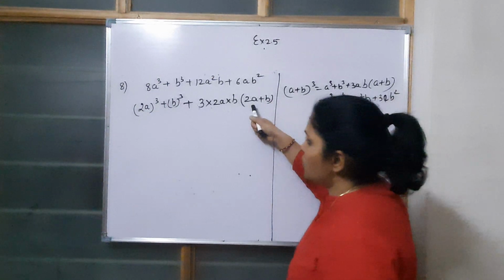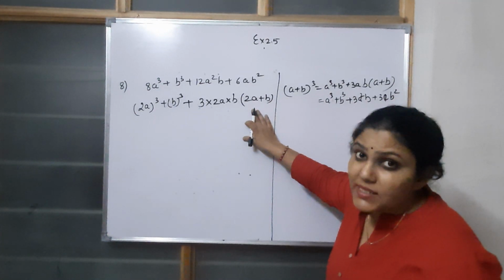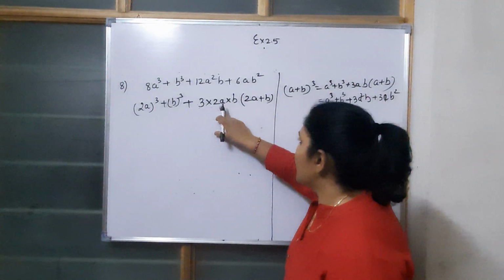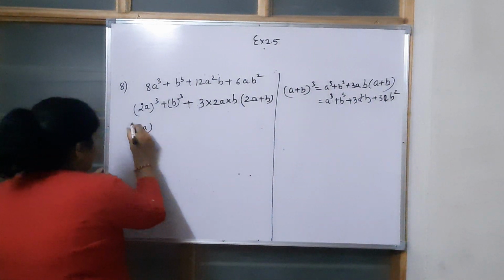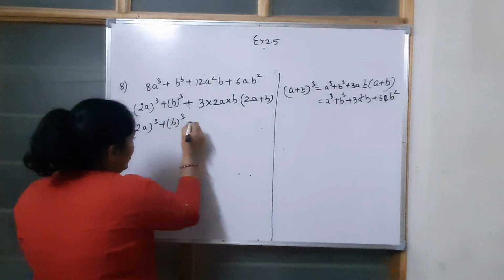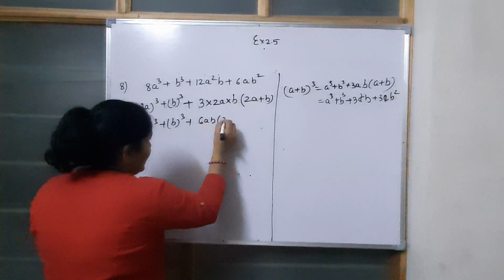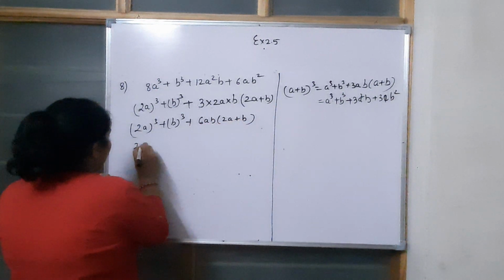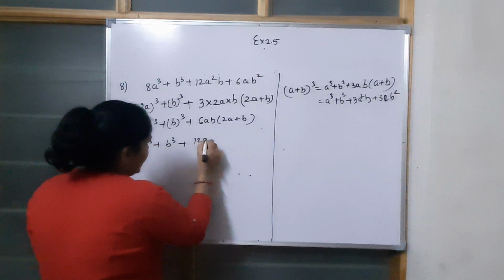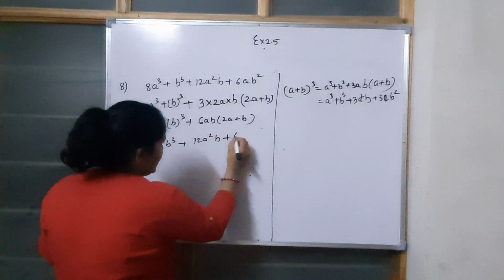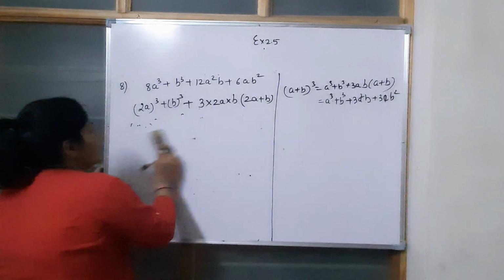I am just opening it for you; you are not supposed to do that, we only need to check whether we can apply the identity. 6ab multiplied with (2a plus b) gives 12a square b and 6ab square. So yes, we are getting the same thing. It means we can apply this identity.